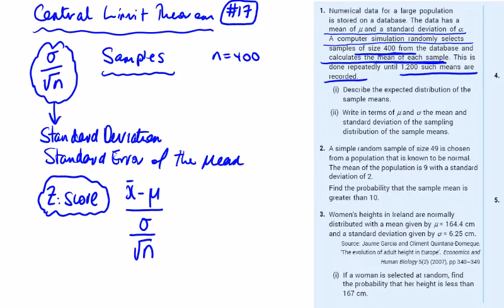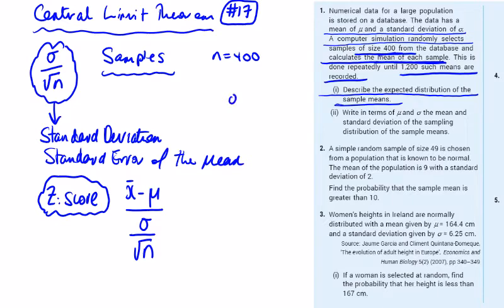So sampling means from a population distribution, and describe the expected distribution of the sampling means. Well, the expected distribution is that the sampling means will be normally distributed. And write in terms of mu and sigma the mean and standard deviation of the sampling distribution of the sample means. So the only information we have here is that n is equal to 400.